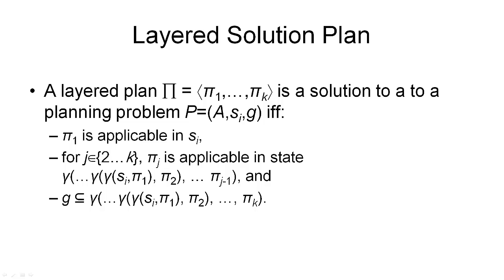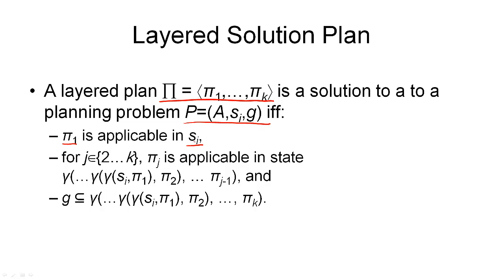Now that we know what a layered plan is, it's fairly straightforward to define what it means for a layered plan to be a solution to a given planning problem. So we have a layered plan consisting of sets pi 1 through pi k of independent actions chosen from our planning graph. And we have a planning problem given by the set of actions A, initial state, and goal. Then this sequence of sets of actions is a solution for this planning problem if the following conditions hold. Firstly, our first set, pi 1, must be applicable in our initial state.